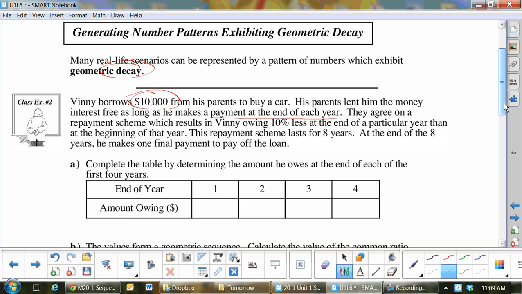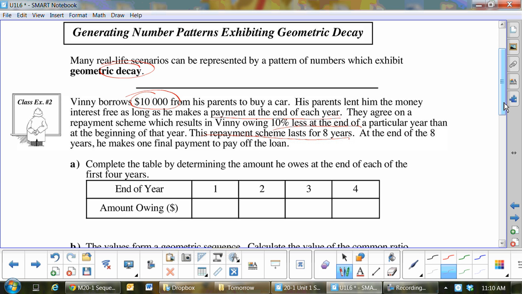They agree on a repayment scheme in which Vinny owes 10% less at the end of a particular year than at the beginning of that year. This repayment scheme lasts for 8 years. At the end of the 8th year, he makes his final payment to pay off the loan. Now, I guess what this is saying is he's paying down 10% every year.